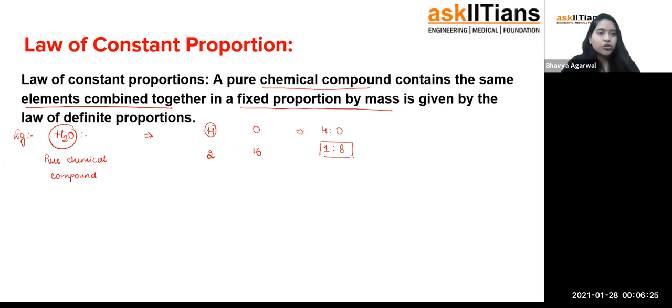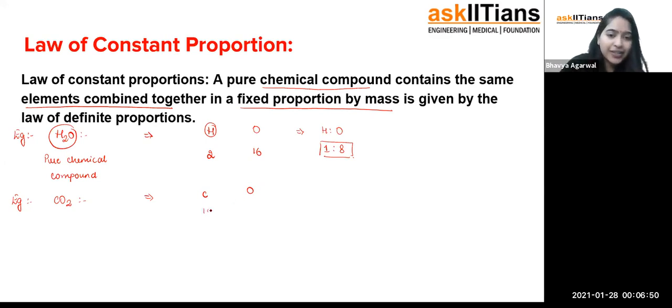Right? So same way, can you quickly tell me, if I take carbon dioxide, then what will be its mass ratio? Quickly do. The mass of carbon is 12.